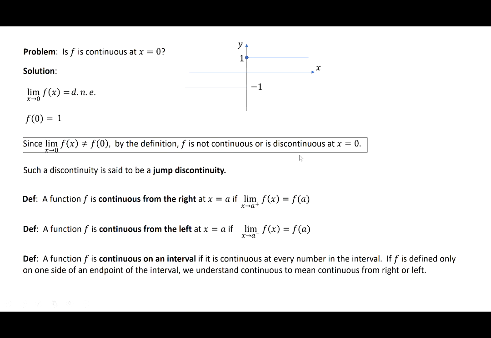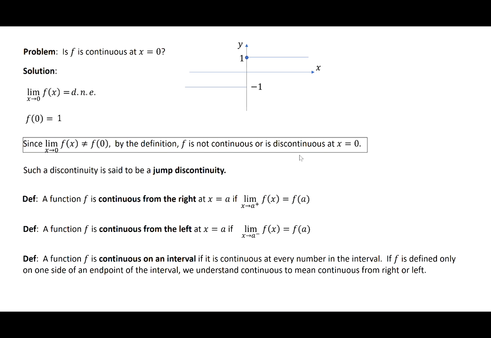Cool. Final one, final definition, I think. A function f is continuous on an interval if it is continuous at every number in the interval. This is a very interesting concept. Notice how mathematicians tackle continuity and other kinds of things in a whole interval.